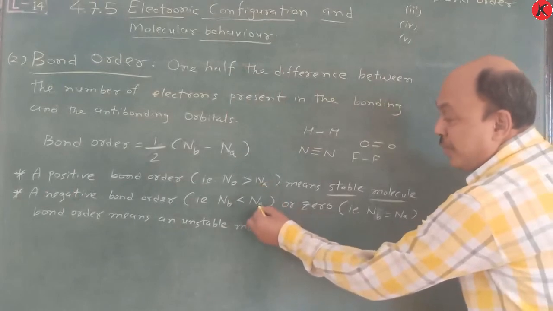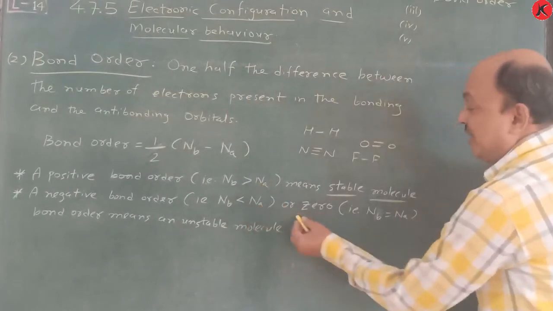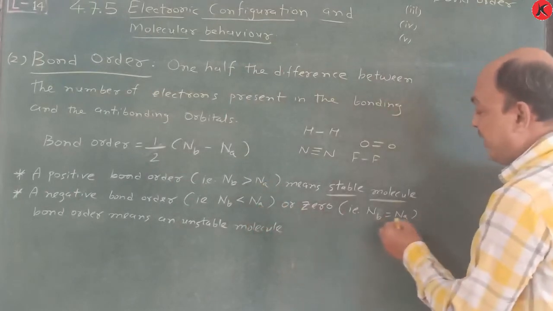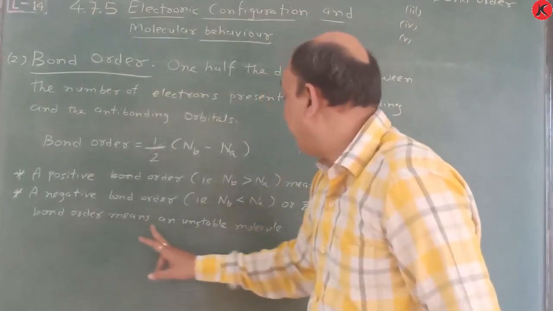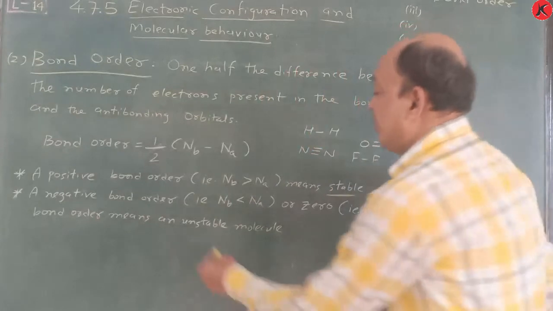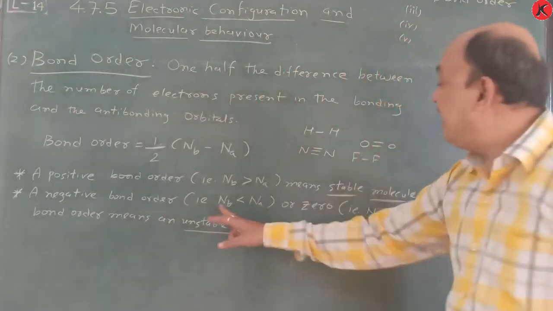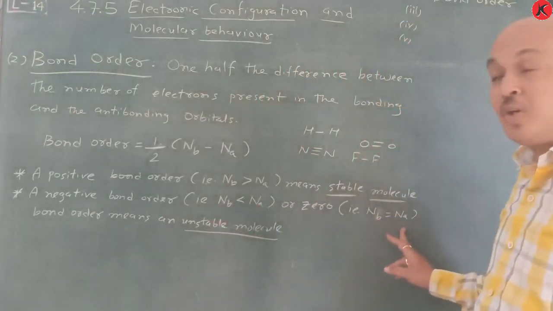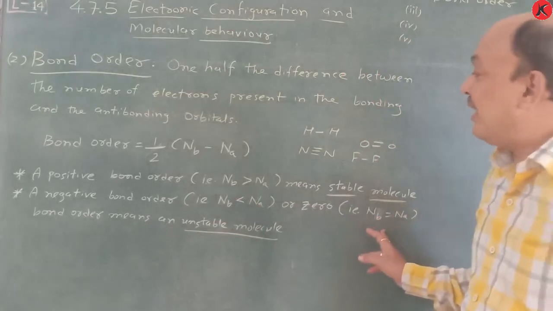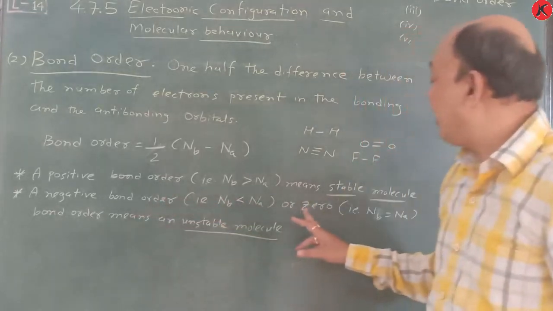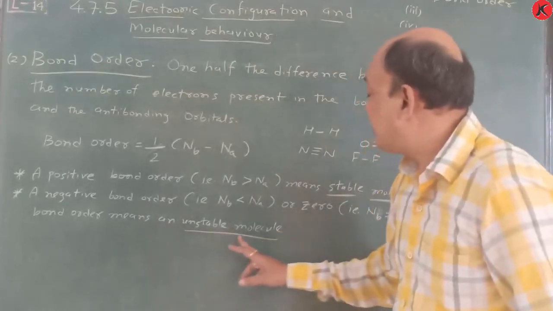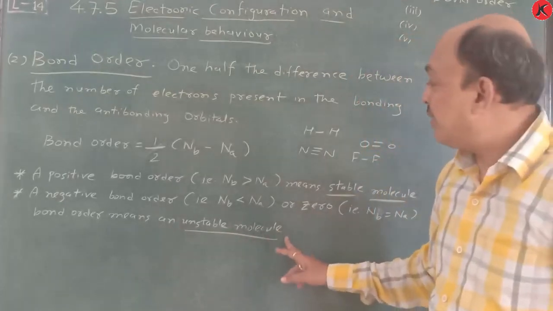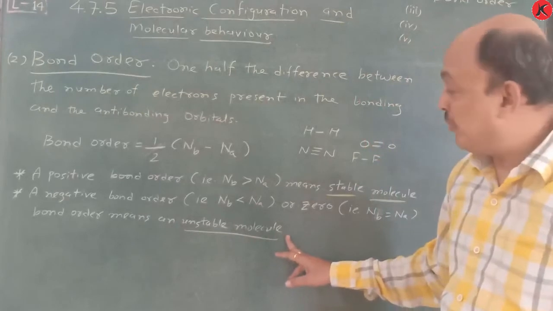This is not sodium, remember Na is anti-bonding. If Nb is less than Na or Nb is equal to Na, then the bond order is negative or 0, and that molecule is unstable.